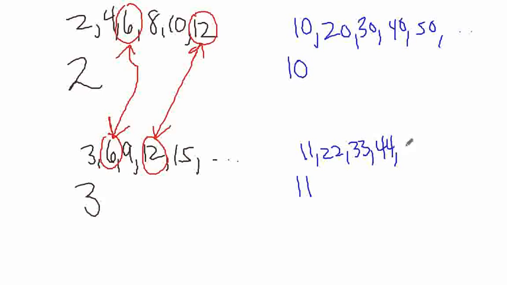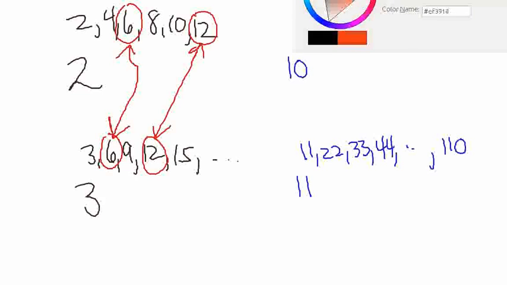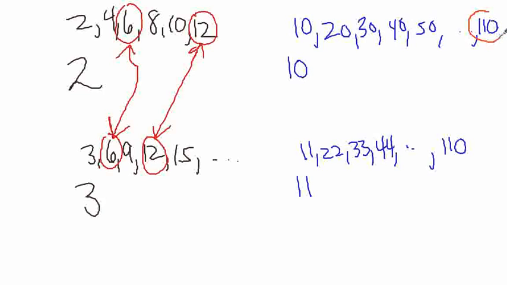It doesn't look like they have anything in common, does it? But if you hang in there, eventually you will get to the number 110. And then when you skip count by 10, you'll also get to 110. And so, lo and behold, they also have a least common multiple. And there'll be other ones if you extended the list further.